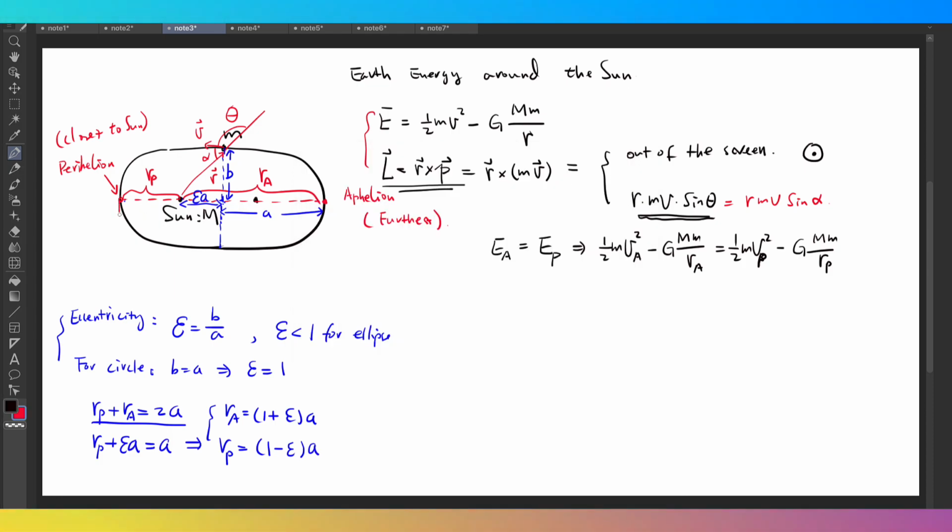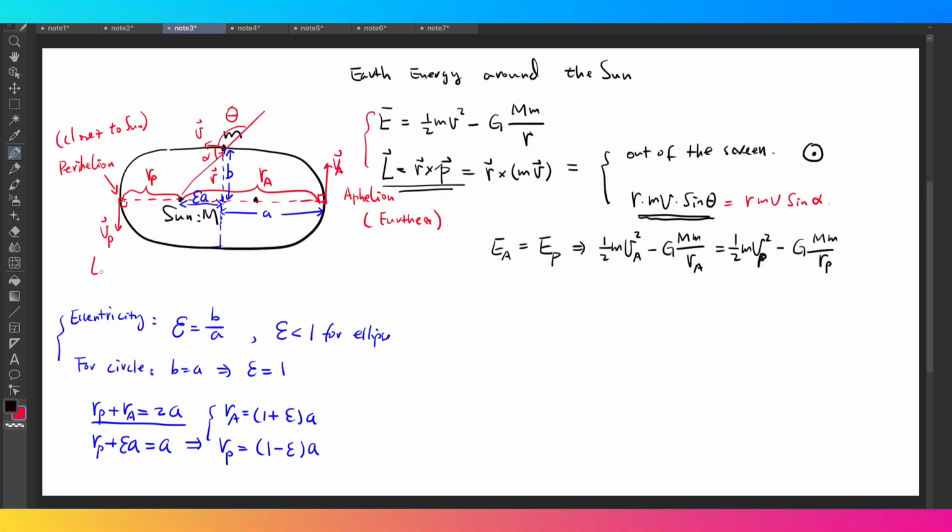VP here is perpendicular to this RP, and VA is perpendicular to RA, right? So when I do this cross product, the sine angle here is 90 degrees.